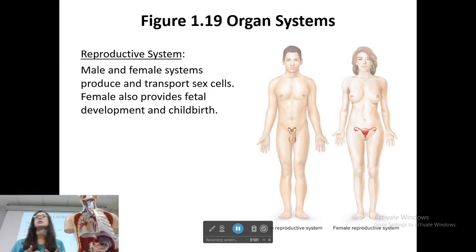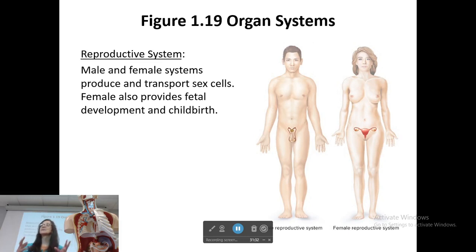And so in order to do that, we have the female reproductive organs that are going to be making eggs and nurturing the baby or the fetus, and then childbirth, and then taking care of the baby after the baby is born. So feeding it through the mammary glands, and then for the male reproductive system, producing sperm and delivering the sperm to the female reproductive tract.